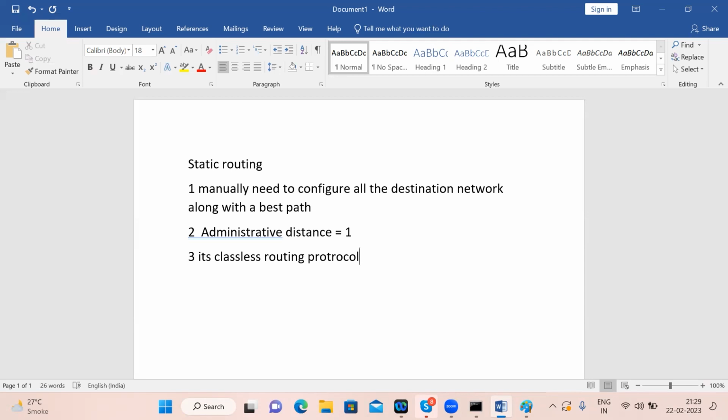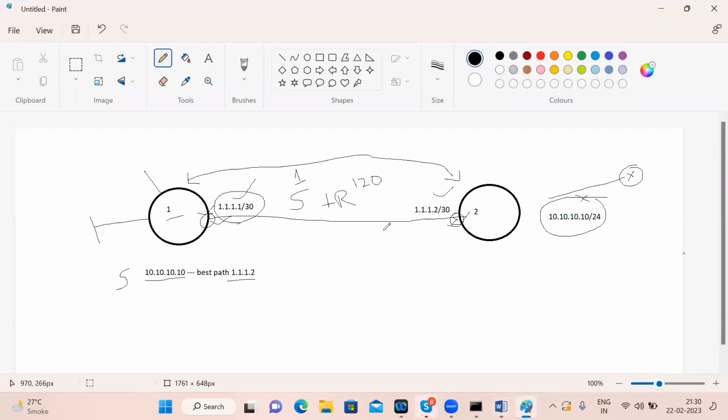Yesterday also we saw something about classless and classful. What exactly is a classless routing protocol? A classless routing protocol always carries the actual subnet mask while advertising its network. And a classful routing protocol does not advertise any subnet mask along with the network ID. Let me explain what exactly classless and classful are.